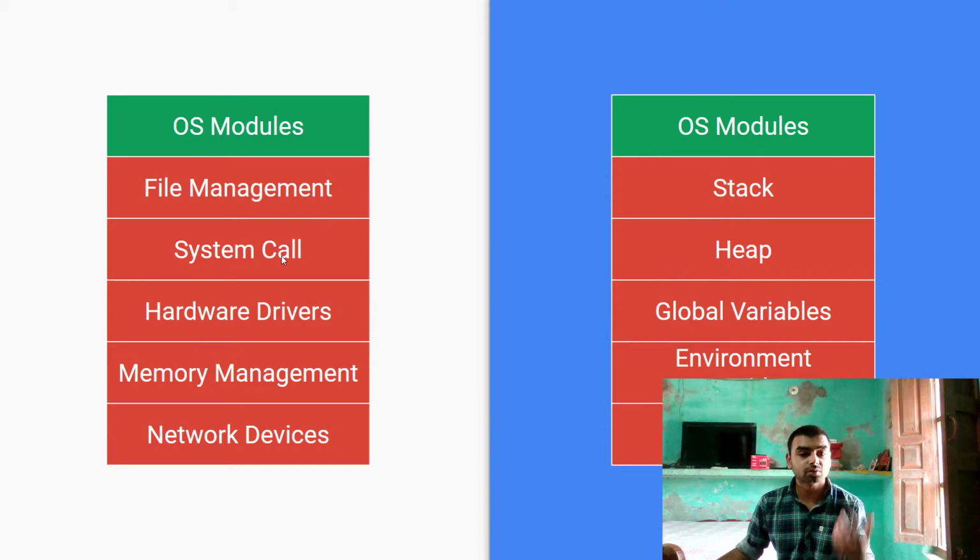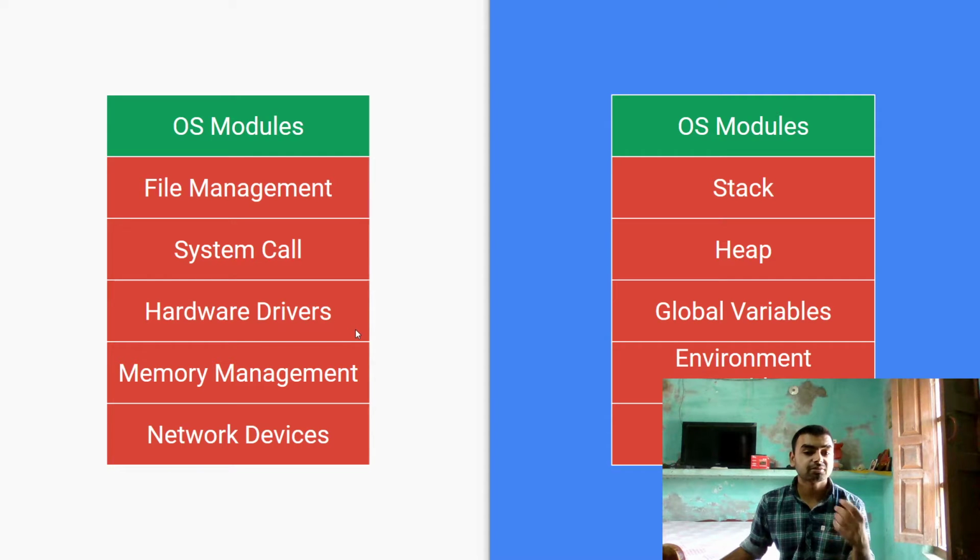Then we have system calls. System calls help us execute commands on behalf of the operating system. In our case, we executed the pause command by invoking that system function. That is an example of a system call.